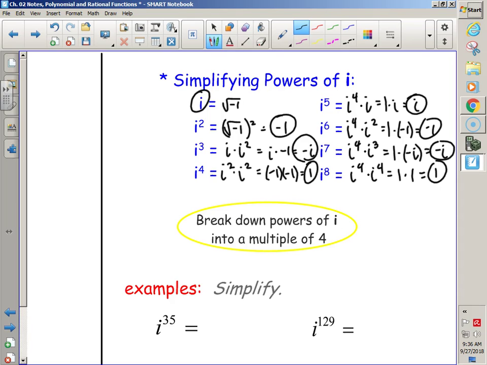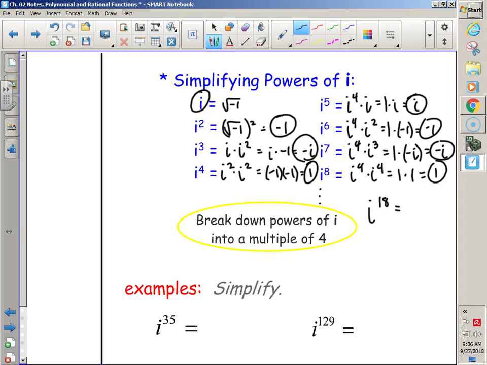Every 4, it's repeated. So here's the deal. If I wanted you guys to simplify, before we get down to the crazy ones, something like i to the 18th, do you really need to break it down? Well, I guess you could.